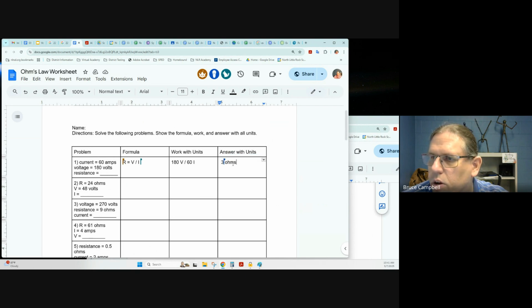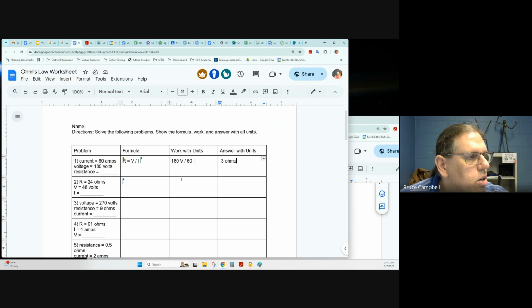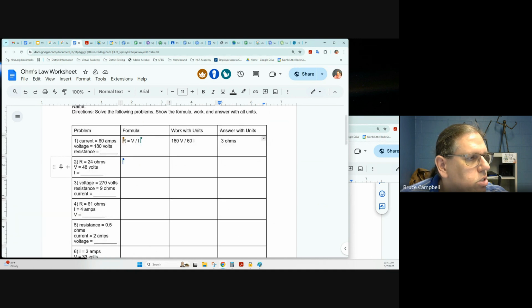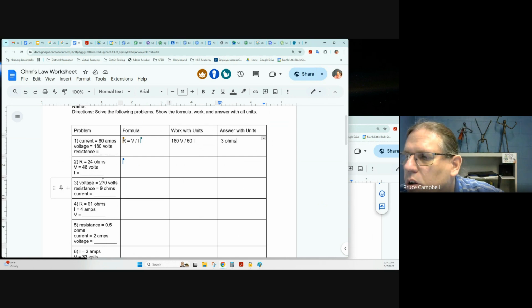Do you see how that works? All right. Go ahead and see if you can do it on your sheet, or just tell me what to write. You can collaborate, you can talk to each other, but let's see if we can do problems 2, 3, 4, and 5 together. Okay?